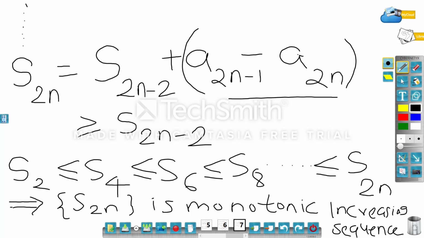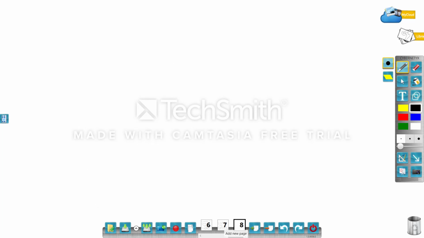This monotonic increasing, and if I could prove that it is also bounded above, then by the monotonic increasing theorem we can straight away say that S of 2n is a convergent sequence. So now I need to find an upper bound for the sequence. If I could get an upper bound, then I will say that it is bounded above.